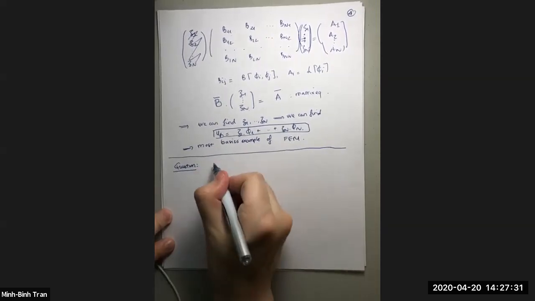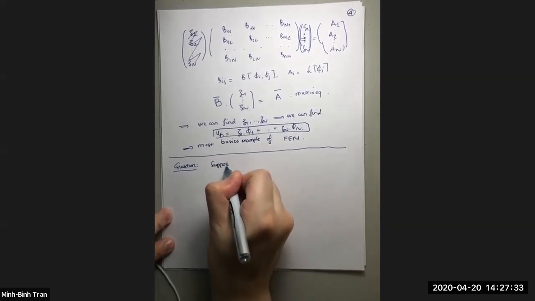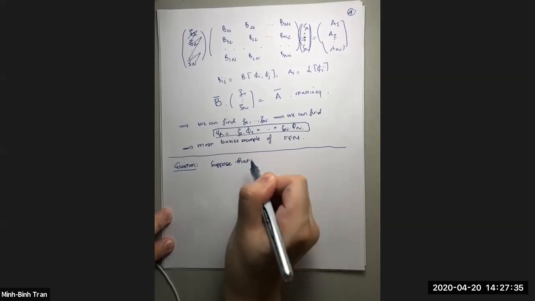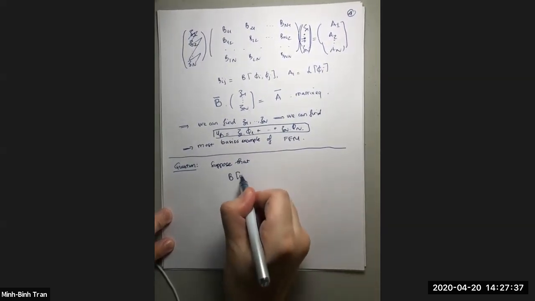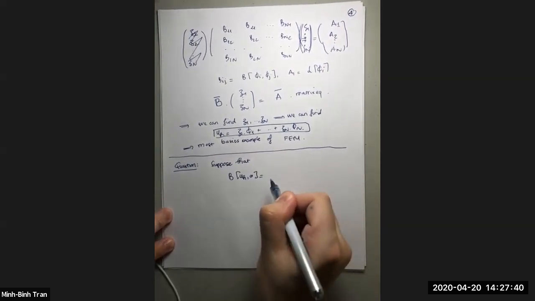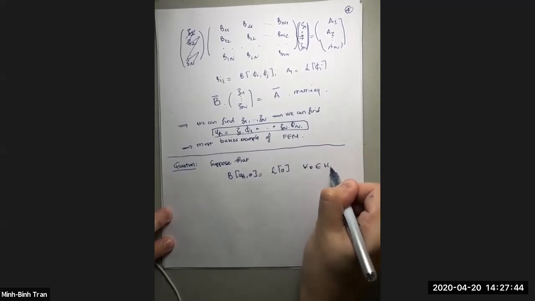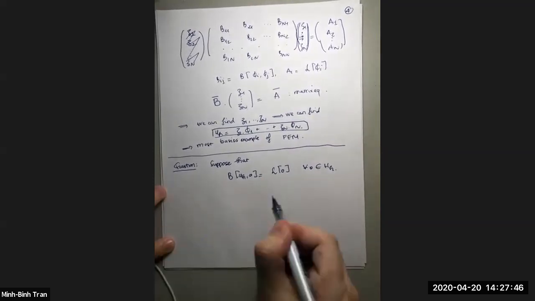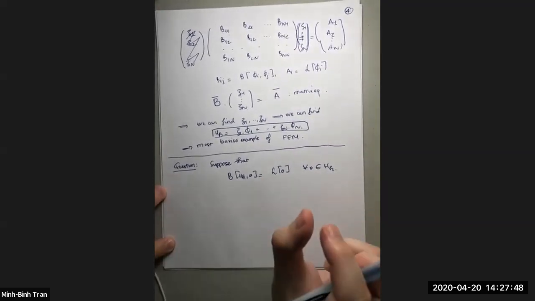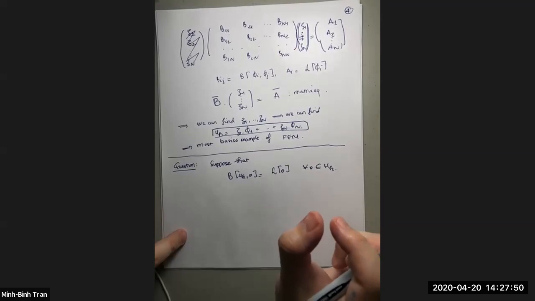So suppose that you have B UH V is equal to LV for all of the V in HH. So H will be the mesh size, all right?